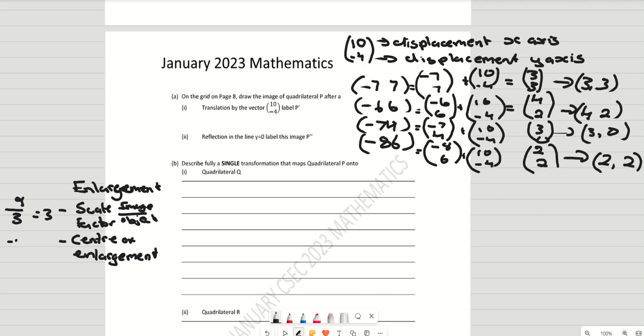It is minus 10, 7. So your answer here, I will write down because writing is going to be a little bit hectic. What you're going to put is, quad, no, you don't put quad. You have to put quadrilateral.